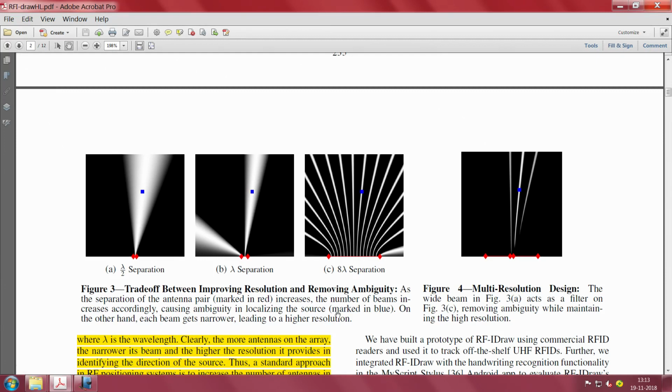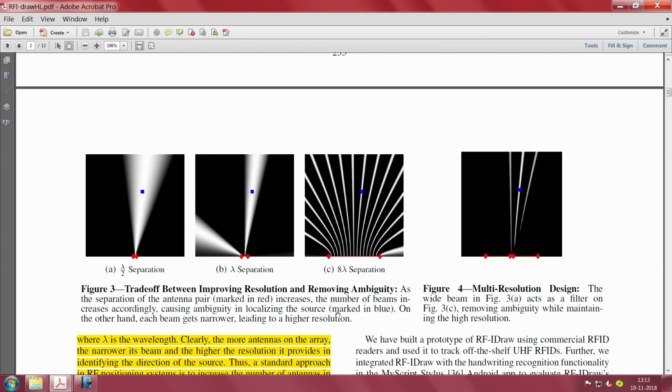With 8 lambda on the right side, the resolution is very high, but the ambiguity is also very high. You do not know in which one of these beams the source is lying, so it is difficult for you to find out.